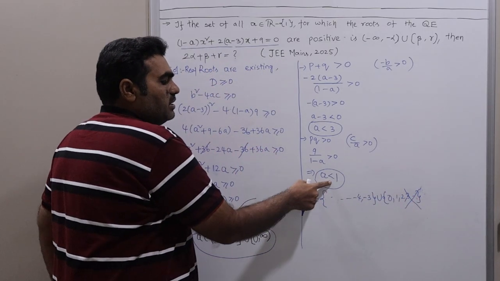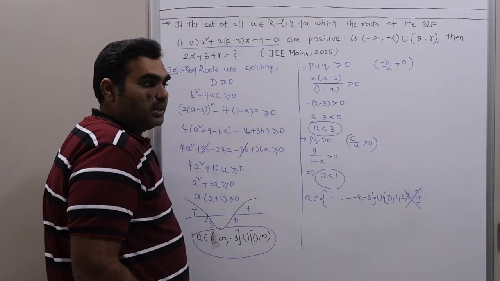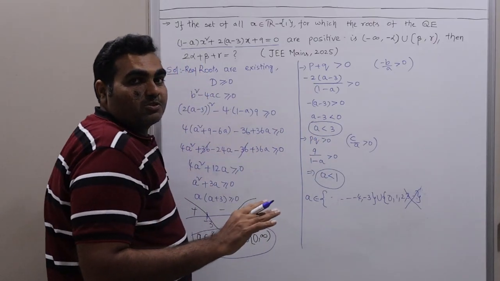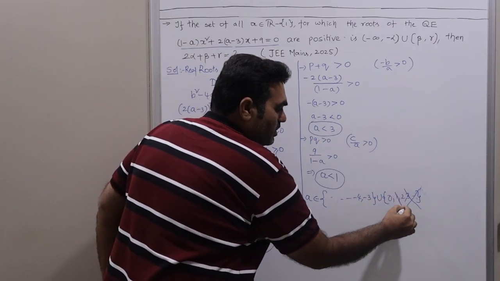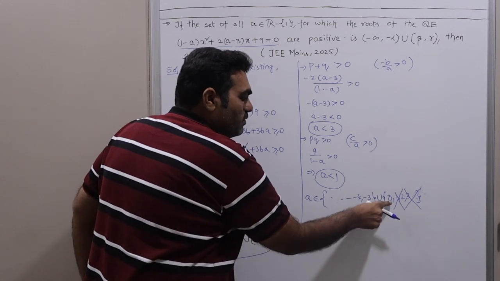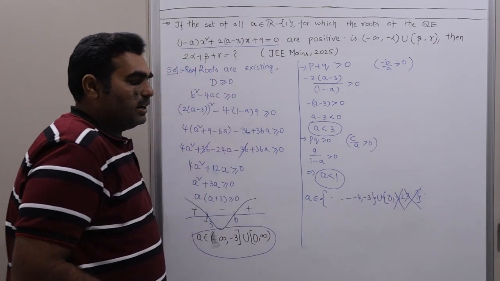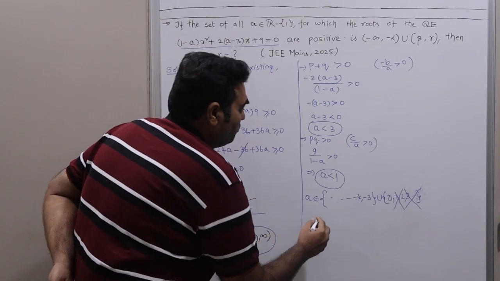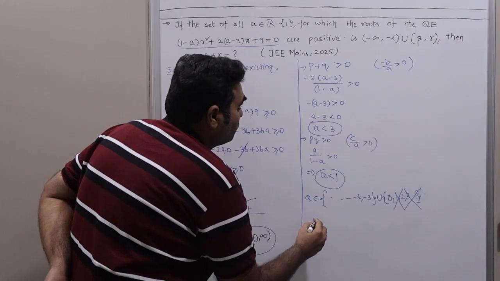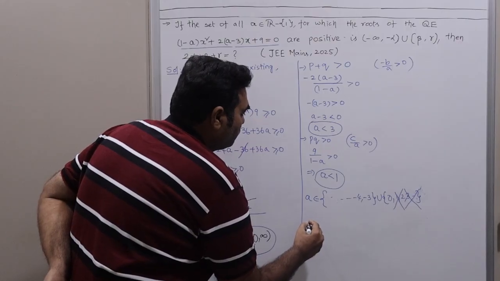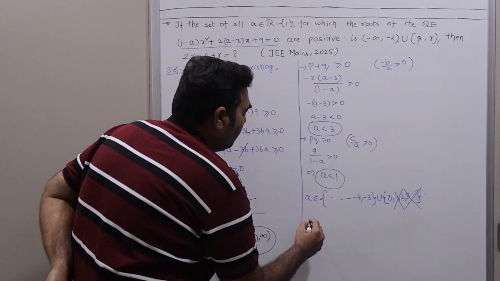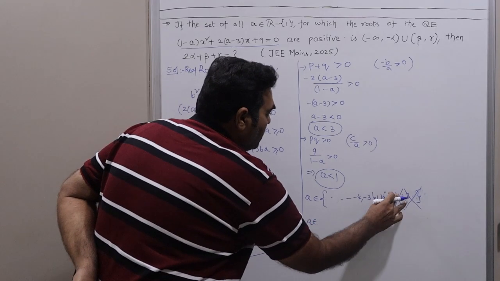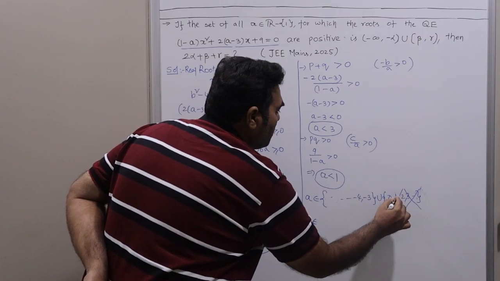And this says A is less than 1. So if A is less than 1, obviously A is less than 3 is also not considered. That means from here itself we should stop with this. Now what is the range of the values we have? A belongs to, so 1 should not be considered.